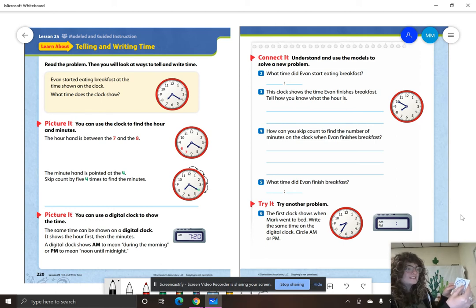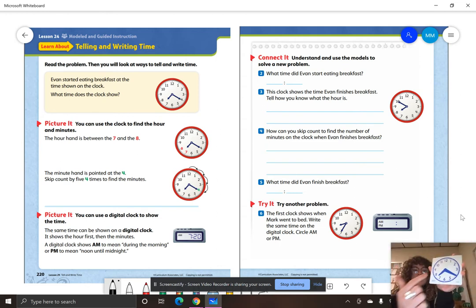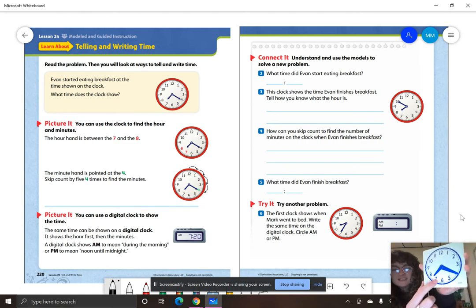So as the time is going by on the minutes, our hour hand is moving closer to the 8 because we are getting closer to the 8th hour. So if our hour hand is between two numbers, we want to go back to the smaller number. So if it is between 7 and 8, it is still the 7th hour.